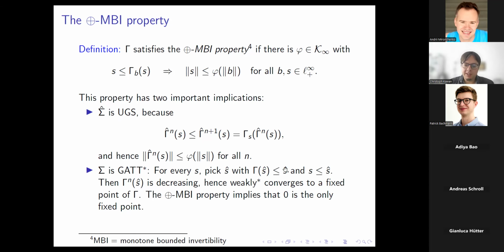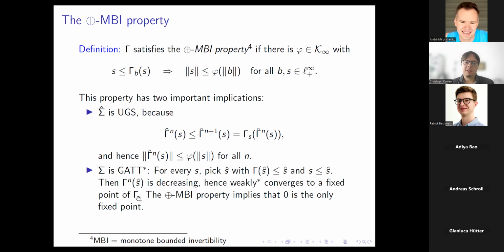Now, if we look at this inequality and use that gamma is a monotone operator, we will see that if we iterate gamma on this S hat, we get a decreasing trajectory, component-wise decreasing. If it's component-wise decreasing, in every component, it must converge to something. And it's also norm-bounded. So that means that it weakly star converges to a fixed point of gamma.